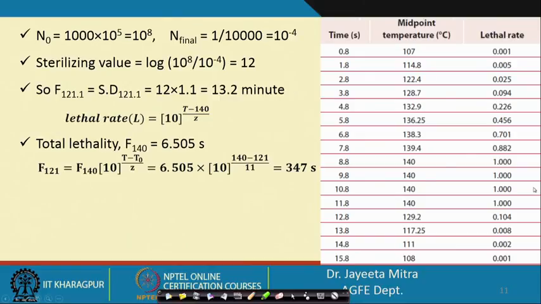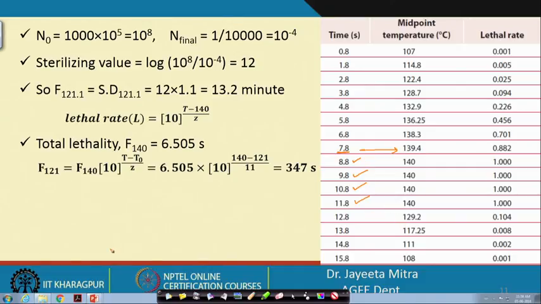We can see that at 7.8 the temperature of the midpoint has reached 139.4, and then it has been held at this temperature, 7.8 to 8.8, 9.8, 10.8 to 11.8. So, for 4 seconds it has been held at this condition.